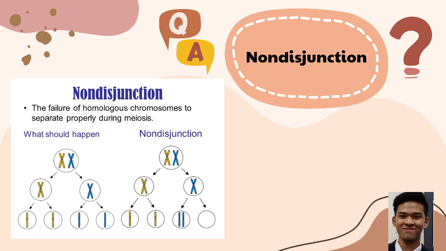Specifically, it occurs when homologous chromosomes in meiosis I or sister chromatids in meiosis II fail to separate during anaphase, leading to an uneven distribution of chromosomes between the two resulting daughter cells. As a result, one daughter cell may receive an extra copy of a chromosome, while the other daughter cell may lack a copy of the chromosome. These can result in cells with an abnormal number of chromosomes.